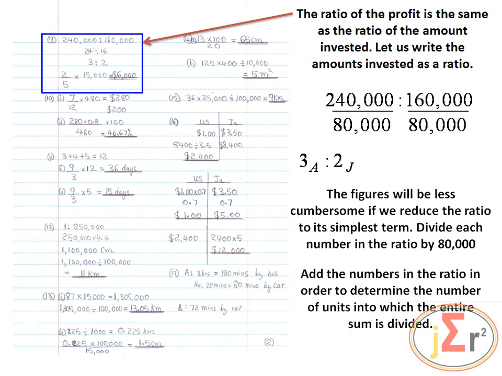Therefore, if we have the ratio in which the profit is shared, it is judicious to arrive at a number that represents the total profit, and that number will be the number that we get when we add these two numbers that we have right here.